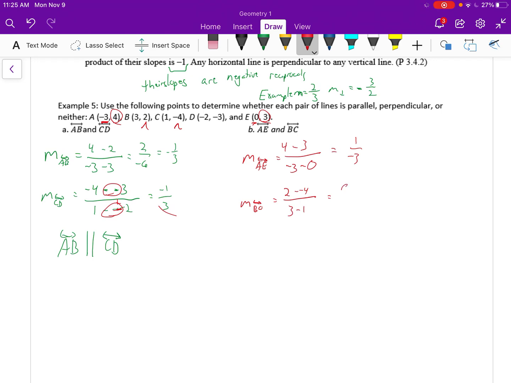Well, that is 6 over 2, which is 3 over 1, or just 3. And we see that these are opposite reciprocals, so line AE is perpendicular to line BC. And there you have it.